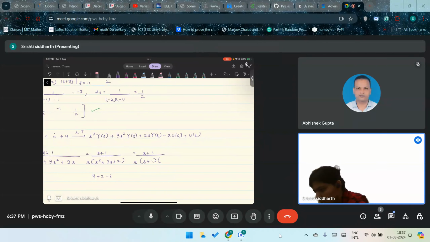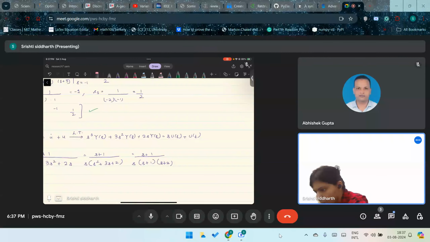Alright, so this also satisfies. So we have s plus 2. So this is easy since this is a strictly proper transfer function, and this also has distinct eigenvalues.